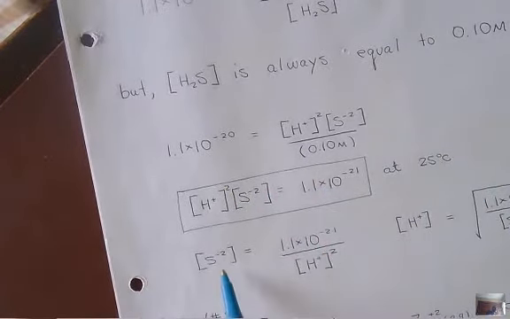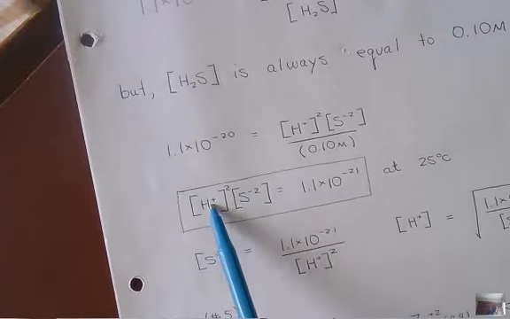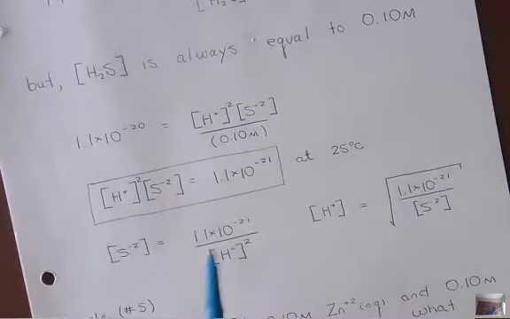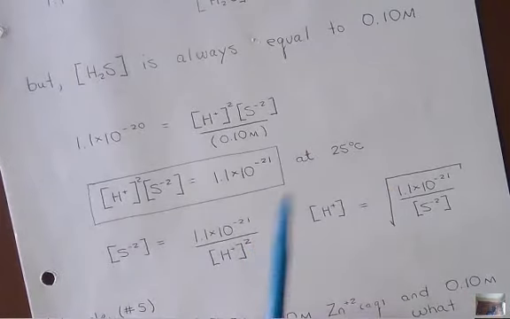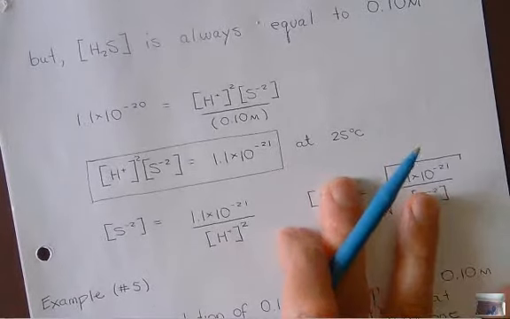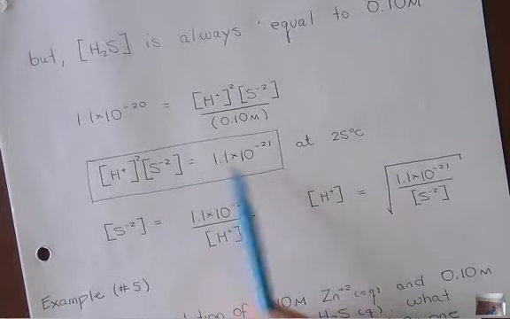Solve this for S to the minus 2. In this case, the hydrogen ion concentration is going to go in the denominator. And last case, how do I solve this for hydrogen ion concentration if I wanted to calculate the pH? Well, take the same expression, move the sulfide underneath, and take the square root.